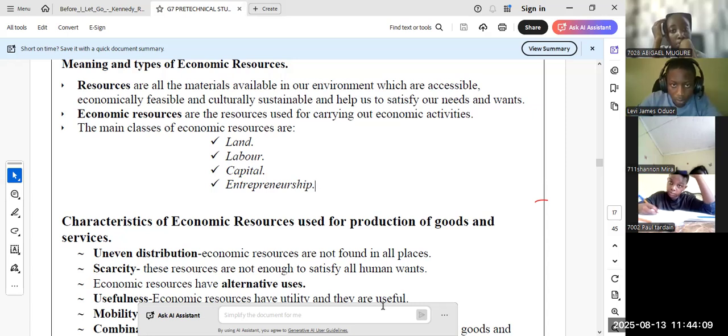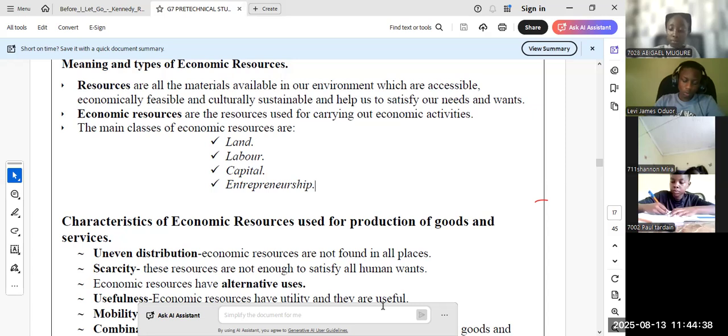Now, if you take the resources in Marsabit County and compare them with the resources in Mombasa County, you will find there is a very big difference. For example, land in Marsabit is very big. We have large tracts of land in Marsabit as compared to Mombasa. So these economic resources, boys and girls, we are saying they are scarce. They are not enough to satisfy all the human wants.